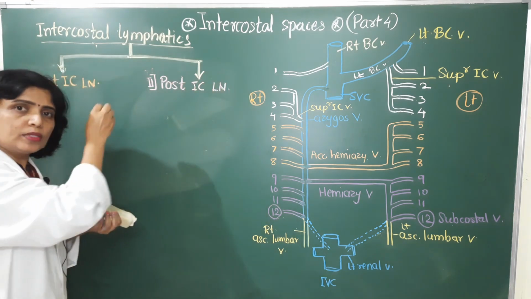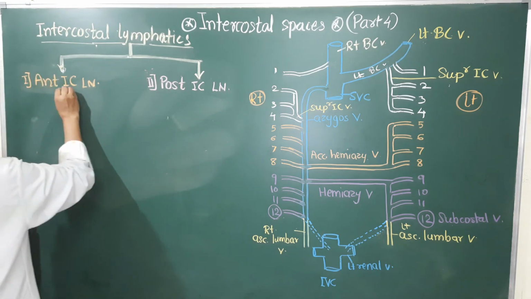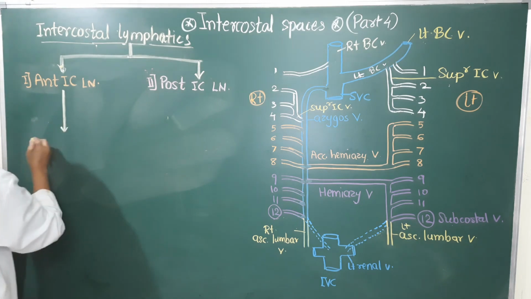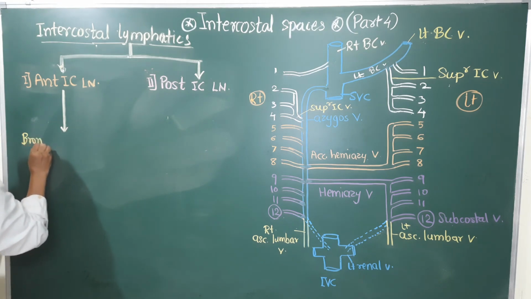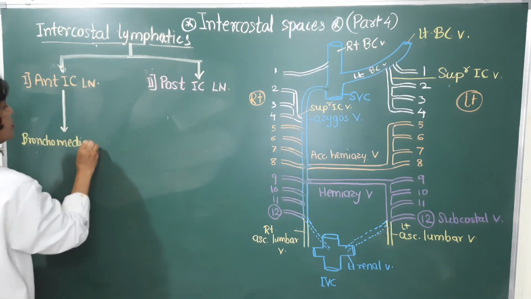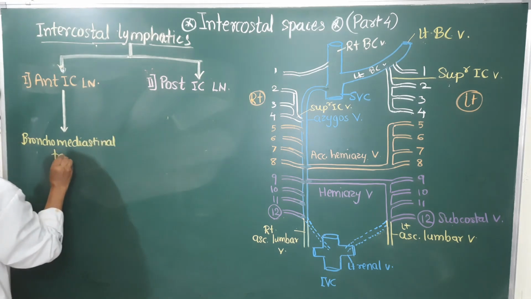Now what happens to the anterior intercostal lymph nodes? These anterior intercostal lymph nodes form the bronchomediastinal trunk.